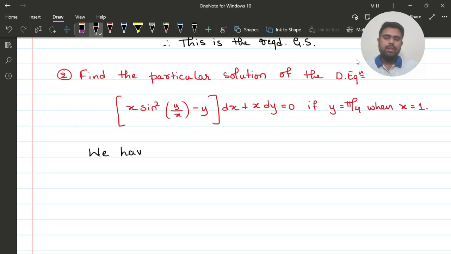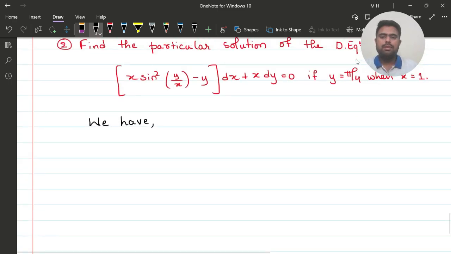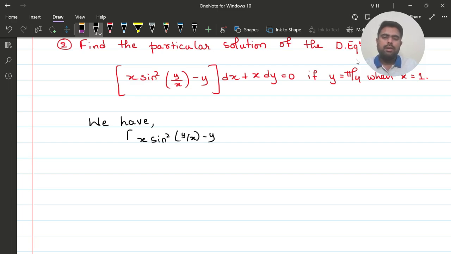We will write down the given differential equation. What is the given differential equation? x sin square y by x minus y into dx plus x dy equal to 0, right? So if I take one term to the other side, what will I get?